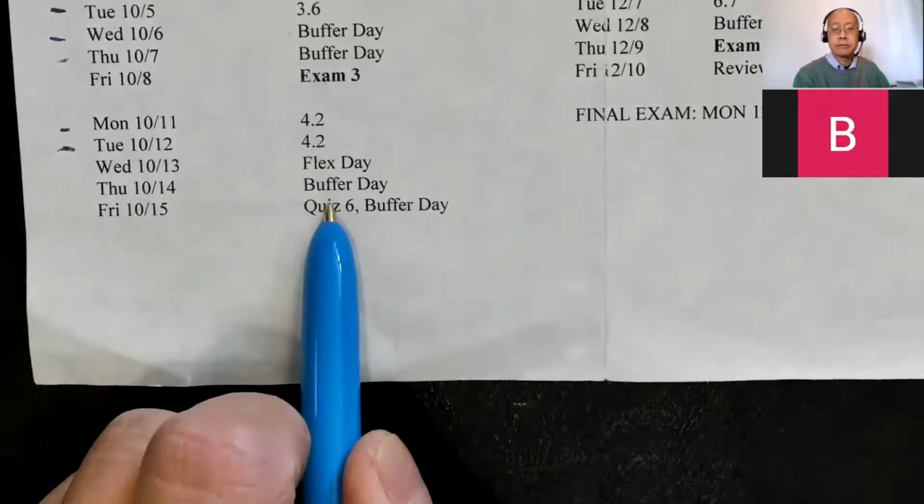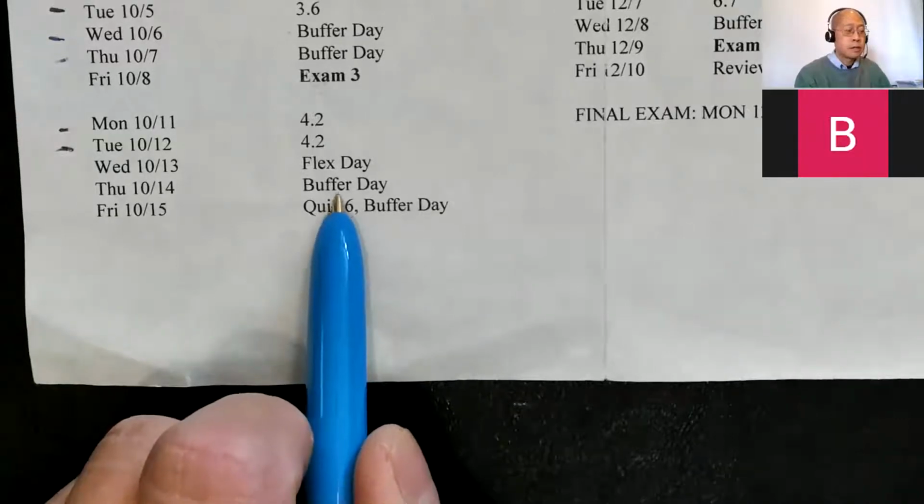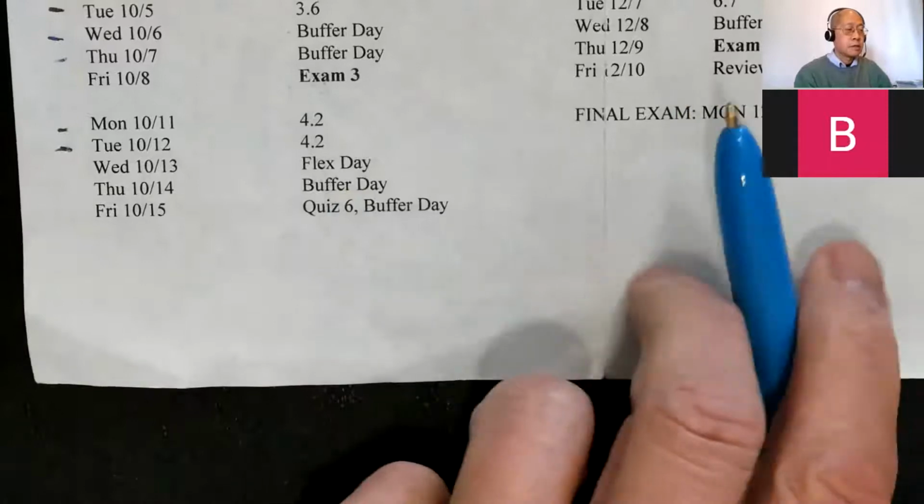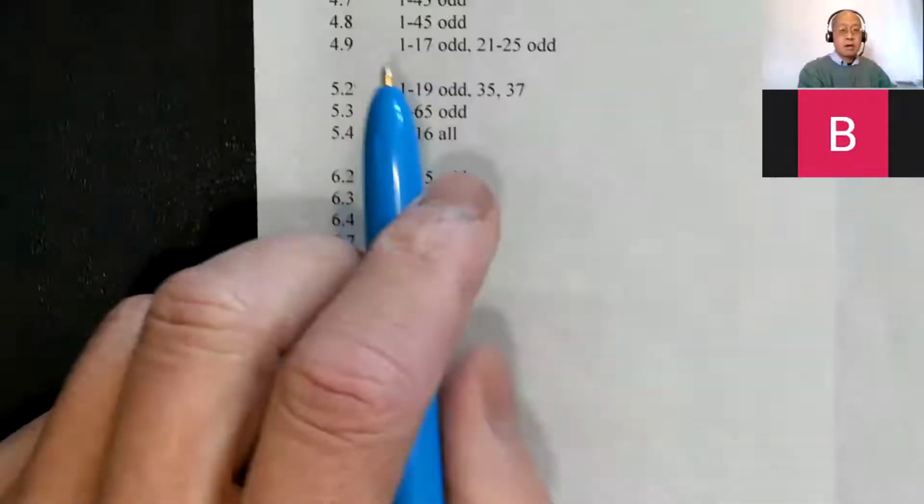Yes, question. I was just looking at the syllabus, what you're pointing at right now. 4.9 isn't listed, but we are doing it, right? Yeah, it goes to 4.8 and then it doesn't list 4.9, at least on the document I'm looking at right now.